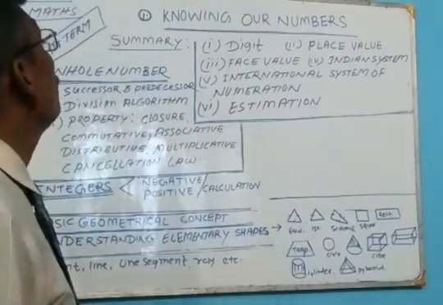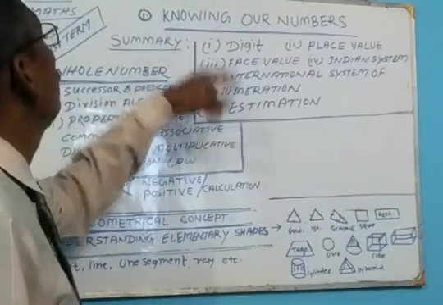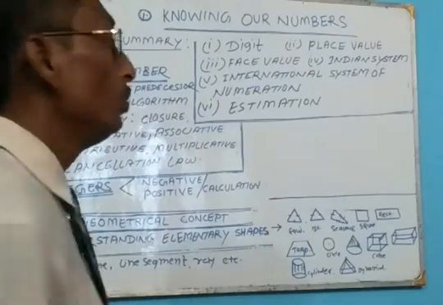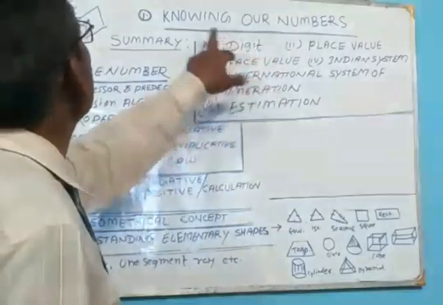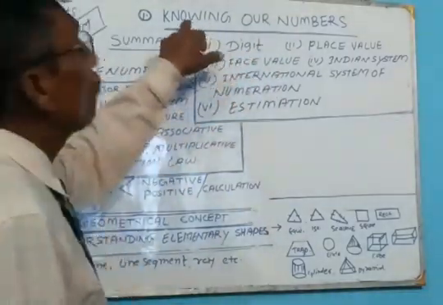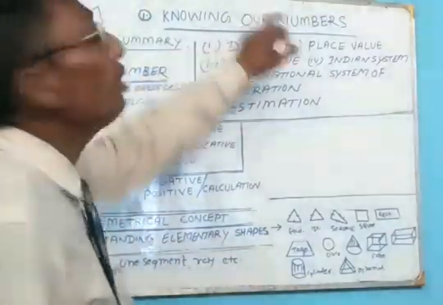I have to describe the summary of all the chapters in this video. So come on, one by one. So first of all, we are going to understand the chapter knowing our numbers.